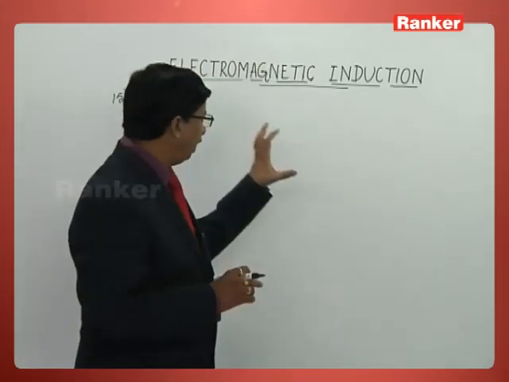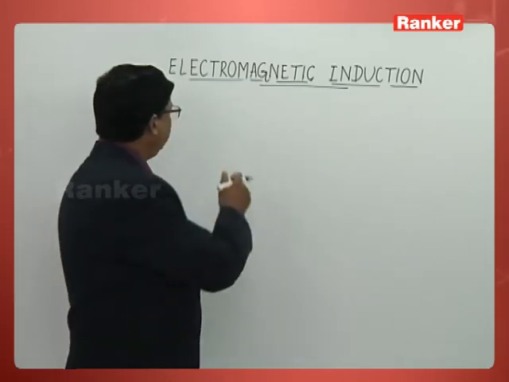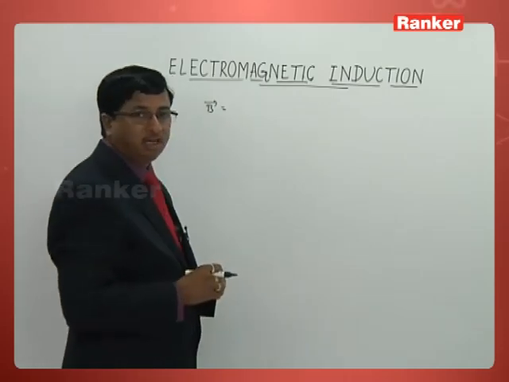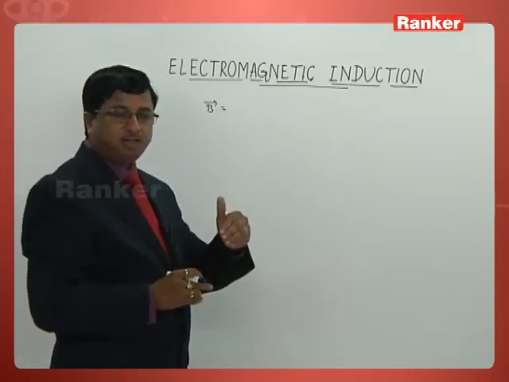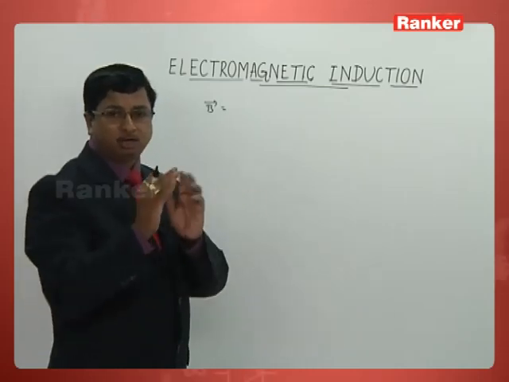What are the values given? Let me write here. He gave the magnetic field in the vectorial form, 40i minus 15k into 10 power minus 4.